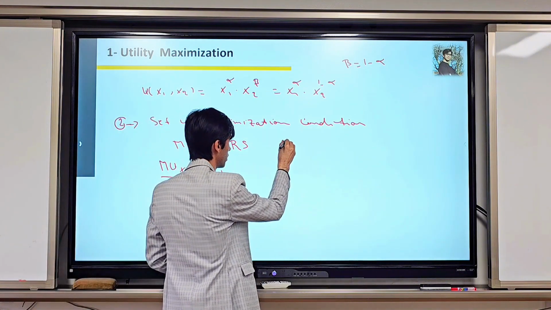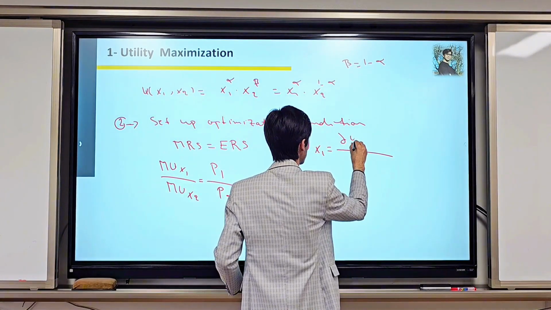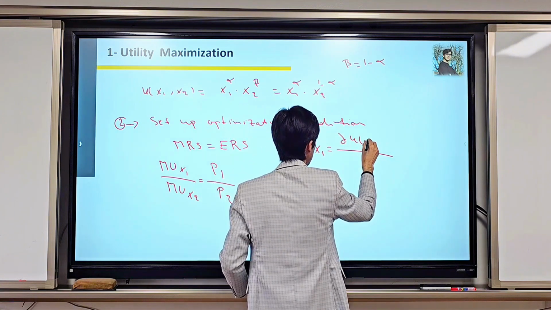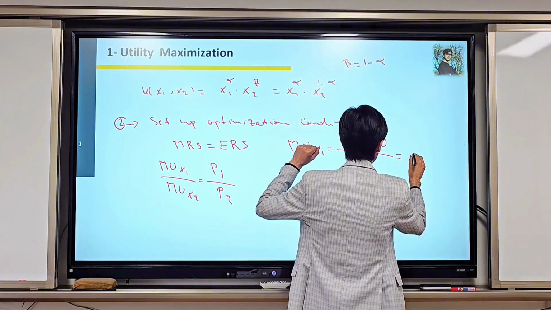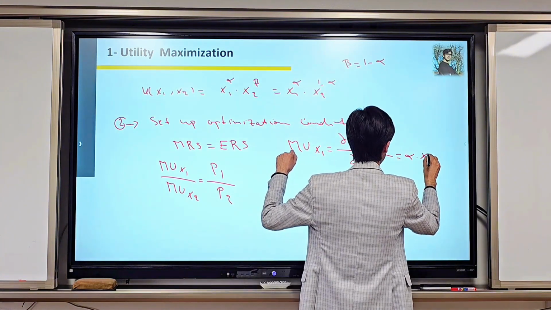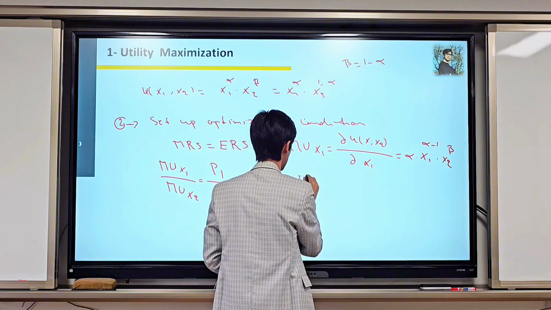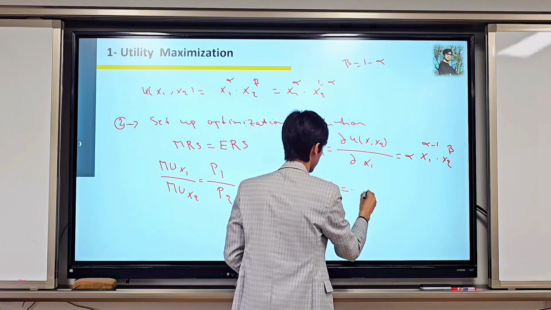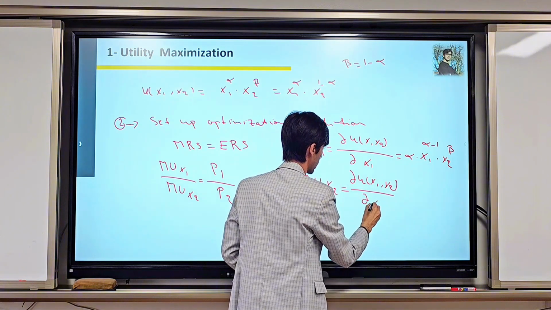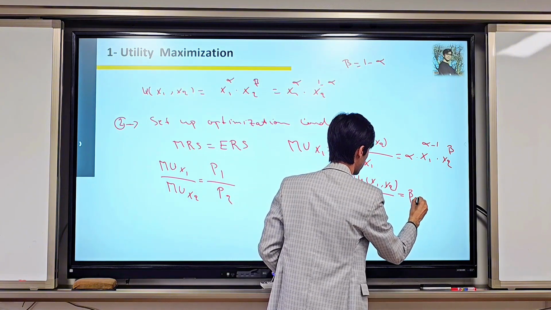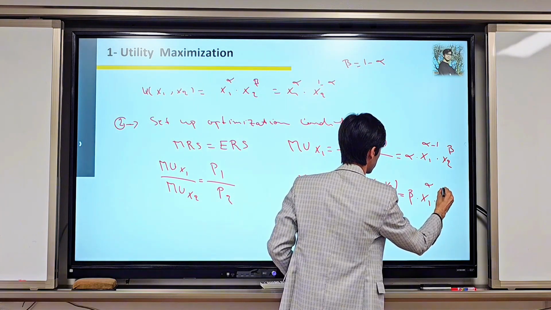And we know that MUx1 is equal to the partial derivative of this function u(x1, x2) with respect to x1, which is equal to alpha multiplied by x1 to the power of alpha minus 1, x2 to the power of beta. Then MUx2 is equal to the partial derivative of u(x1, x2) with respect to x2, which is equal to beta multiplied by x1 to the power of alpha, x2 to the power of beta minus 1.